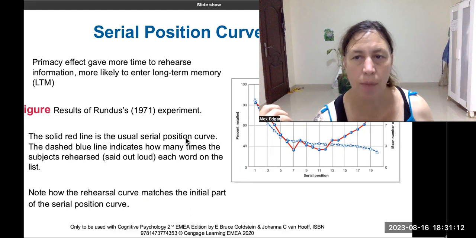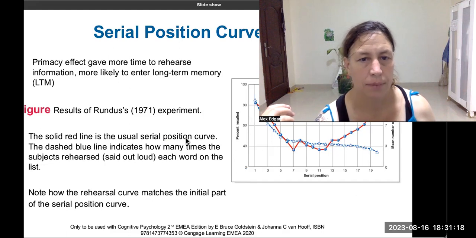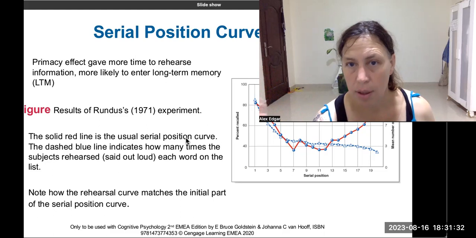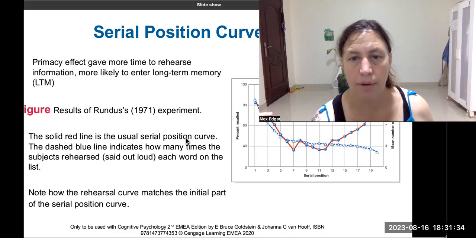Because you've had time to rehearse information, so you're more likely to remember it. The more you rehearse, the more you remember. And you can see that rehearsal and where it is in the series is directly correlated for the first part of the curve.